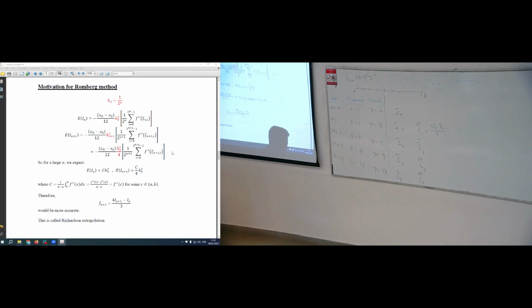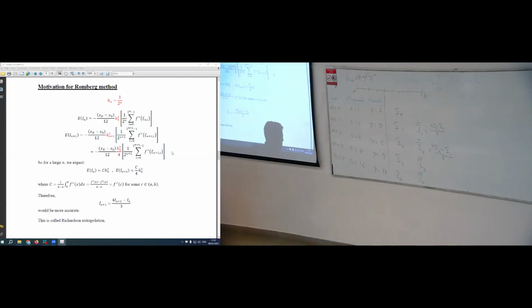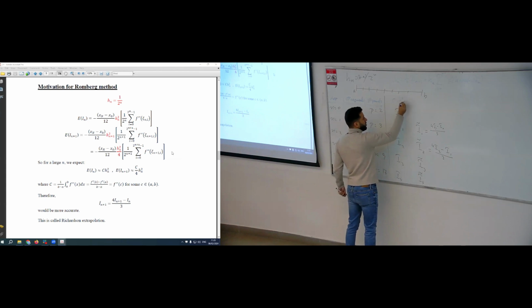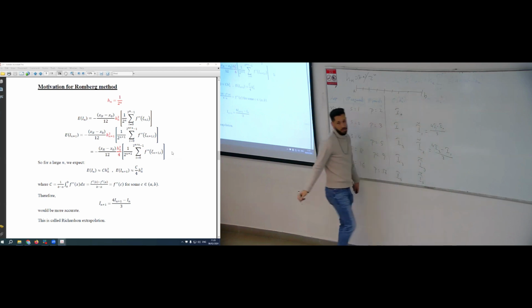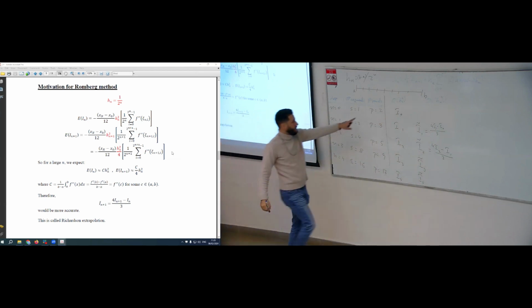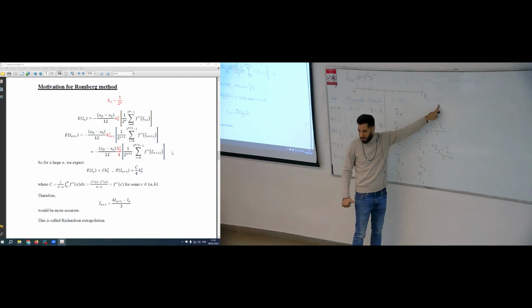I2 tilde is 4 I2 minus I1 over 2, etc. And this will be O of hn squared, and this will be O of hn to the 4th. That's our hope. We know that they are better than hn squared. I tell you that it's h to the 4th.